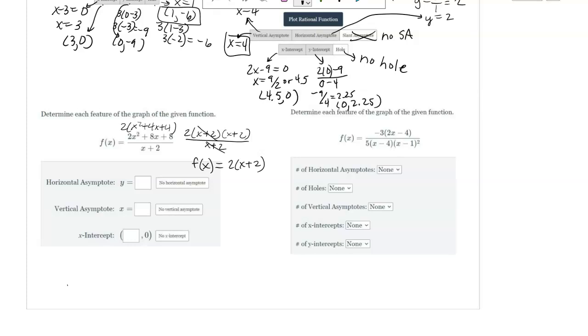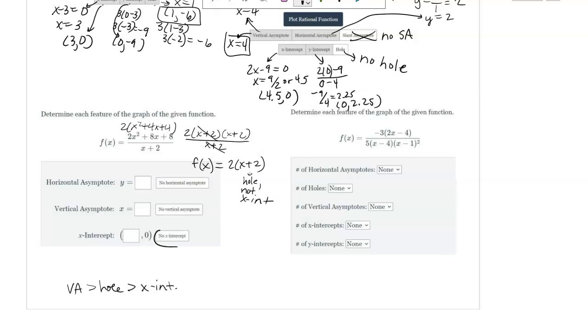And you need to understand that if you have duplicate factors, it's sort of a hierarchy. So if you're deciding whether something is a hole or an x-intercept, hole is going to win. If you're deciding if something is a vertical asymptote or a hole, it's not going to be a hole, it's going to be a vertical asymptote. So this right here is a hole, not an x-intercept.